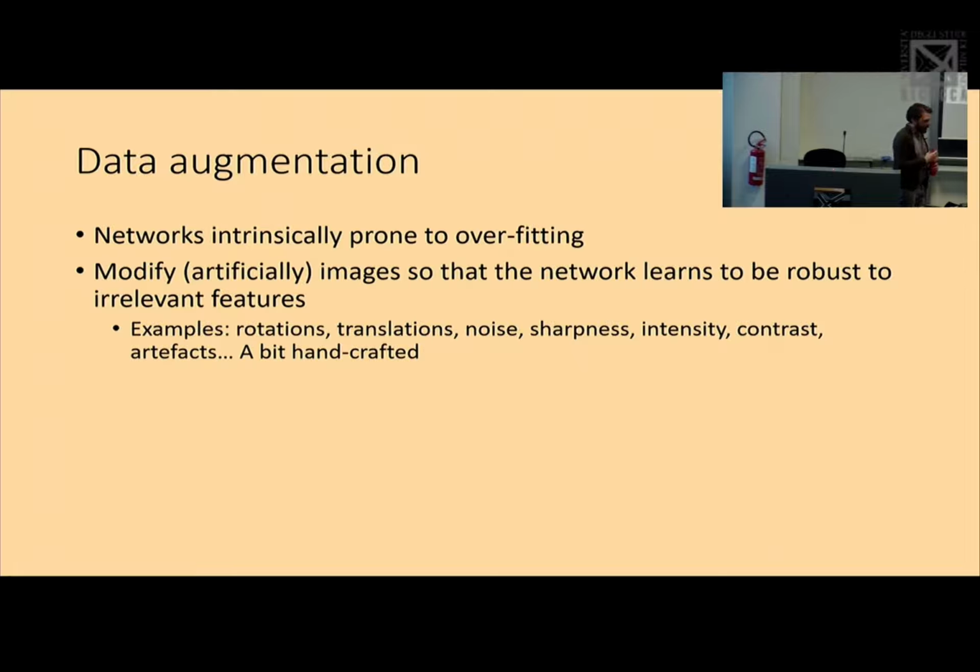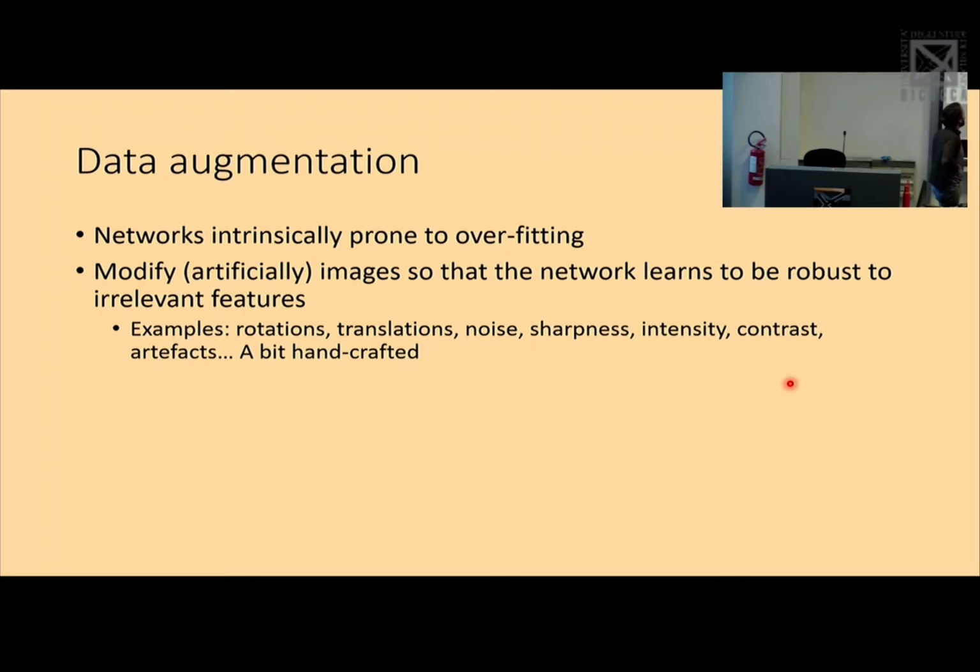So in most cases, some transformations are trivial and safe to add, like rotations, translation, adding a bit of noise similar to the noise that you might have in the acquisition. For natural images, for camera images, you can definitely change sharpness, intensity, contrast. For medical images, sometimes you can, sometimes you cannot.